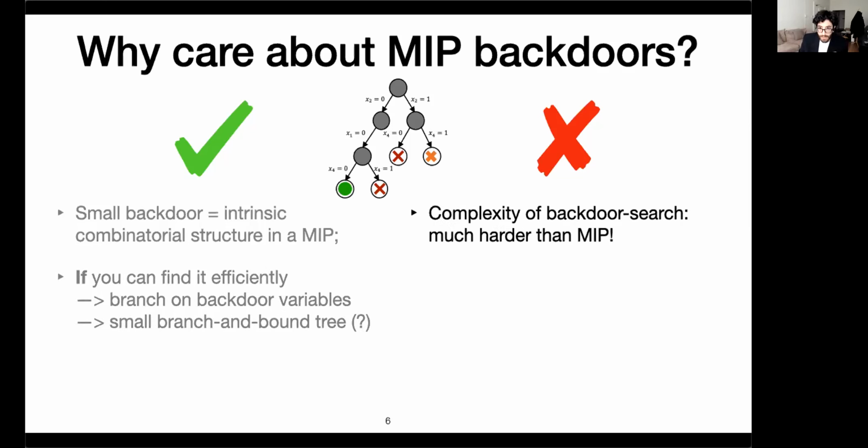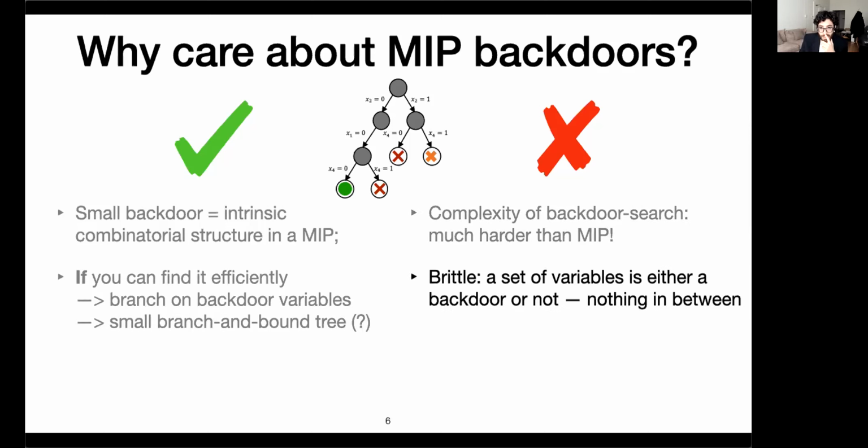The con of this whole notion of backdoors is, of course, I'm introducing a much harder problem than the original problem, because we're now searching in the space of branch and bound trees rather than the space of integer solutions. So it's unclear that defining this problem is of any practical use. And the other thing is that this definition is quite brittle, in the sense that you pick a bunch of variables and they're either a backdoor or they're not.